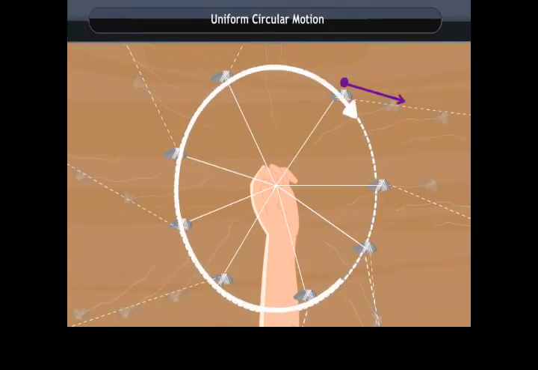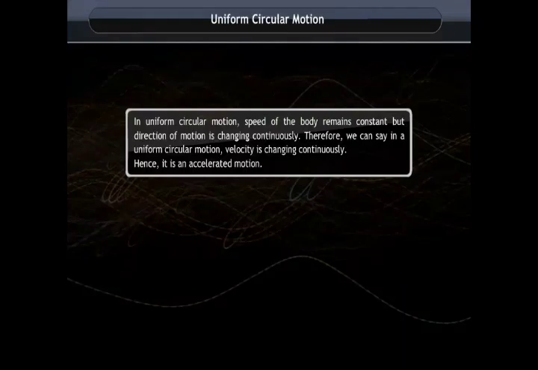Thus, the direction of velocity keeps changing every moment in uniform circular motion. In uniform circular motion, speed of the body remains constant, but the direction of motion is changing continuously. Therefore, we can say in a uniform circular motion, velocity is changing continuously. Hence, it is an accelerated motion.